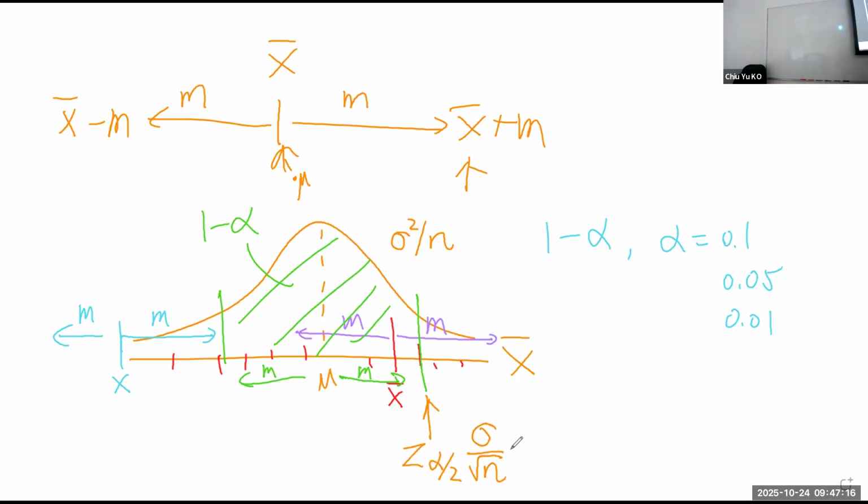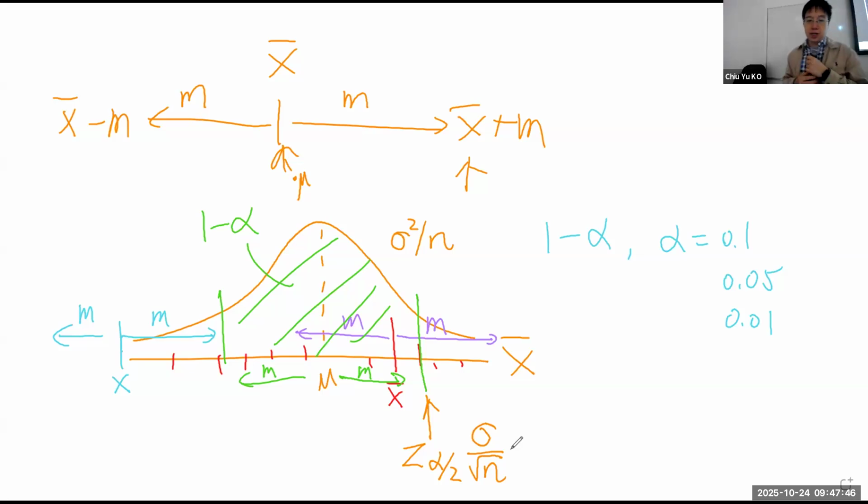Why? Because this is 1 minus alpha and this is alpha over 2, and converting the distance, it is just the number of SDs multiplied, because that is the idea of the standardized normal: how many SDs from the mean.